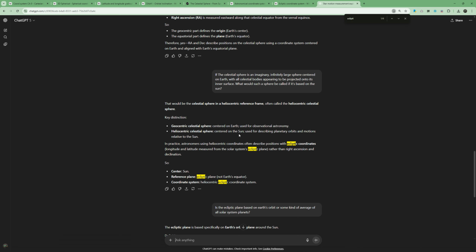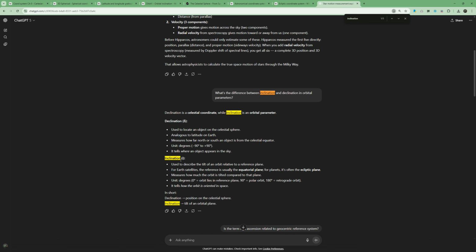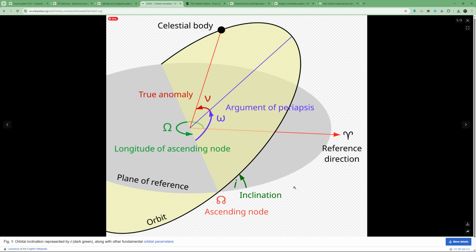The only thing that really confuses me is the inclination, which is just referring to the tilt between two different reference planes. Again, you can just think of this particular image.